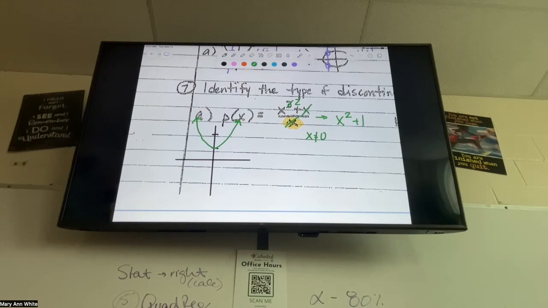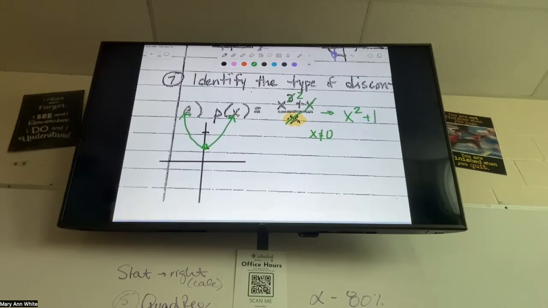So even though we canceled him out, he still means that we cannot plug 0 into this equation. So that means there's gonna be a hole at 0. There's gonna be a hole right there at the minimum of my graph, at that vertex of my parabola. We're gonna have a hole there. If I just have a hole and everything else looks normal, what kind of discontinuity is that? Removable, very good. Removable.